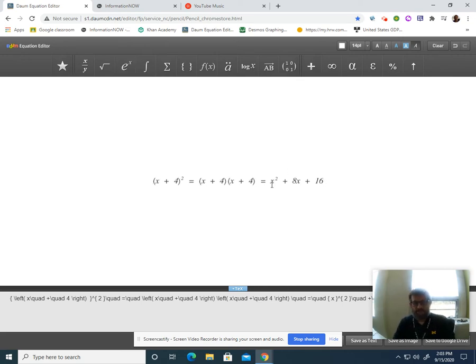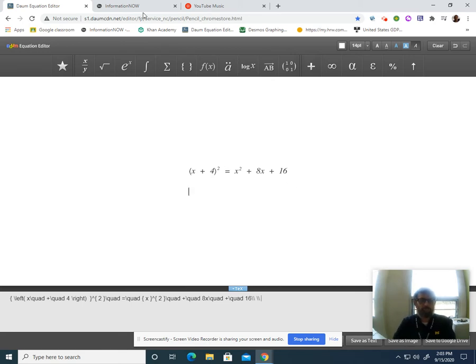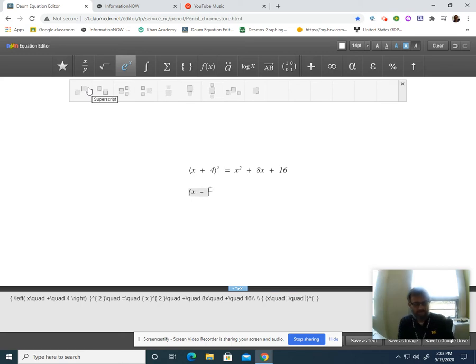So this is actually what it equals. So we're going to take this in the middle part out here. And hopefully now you can see that if I ask you, what is x minus 5 squared, you would realize that that's got to be x squared, and then minus 10x, and then plus 25.